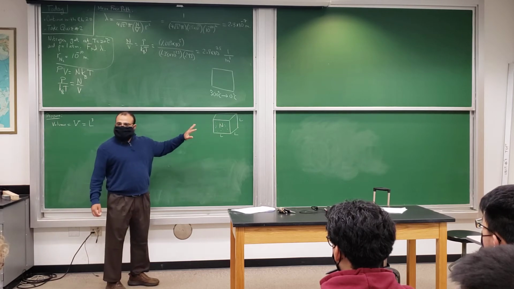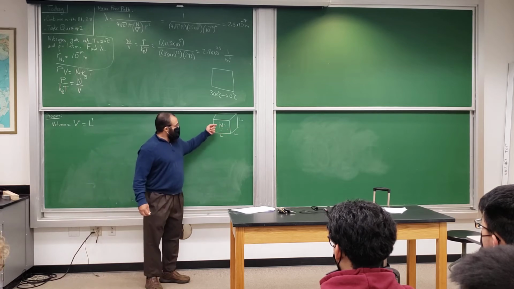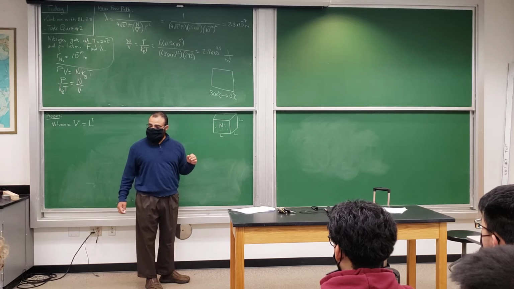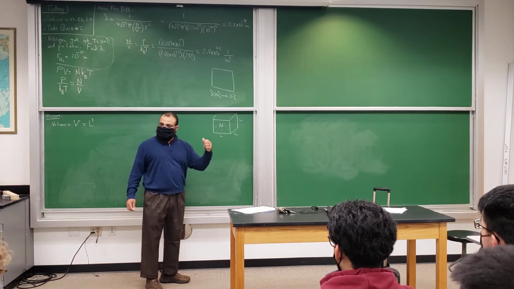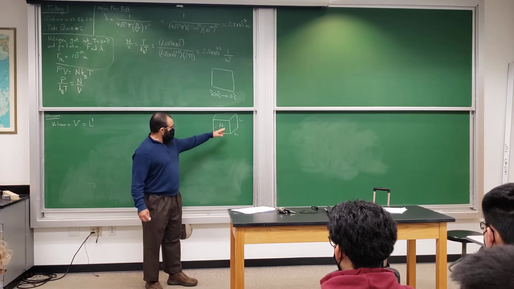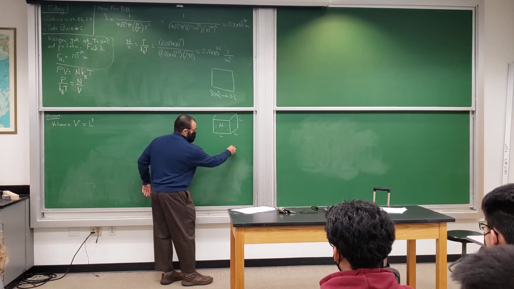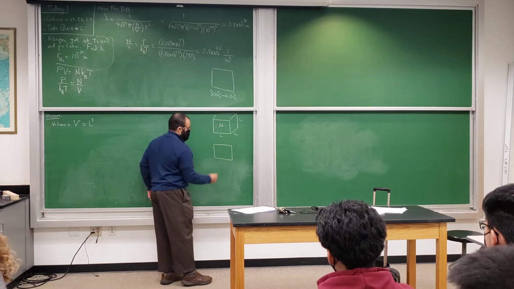So the gas molecules are moving around, and every time they hit the side of the container, they bounce back. We're going to assume it's an elastic collision, meaning it bounces back with the same speed it impacted the container. So here, let's just look at the side view.